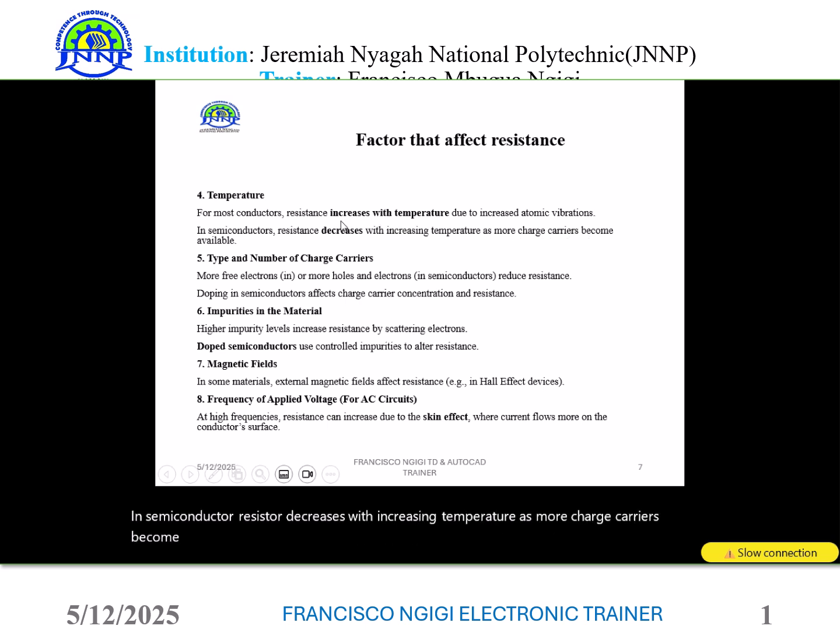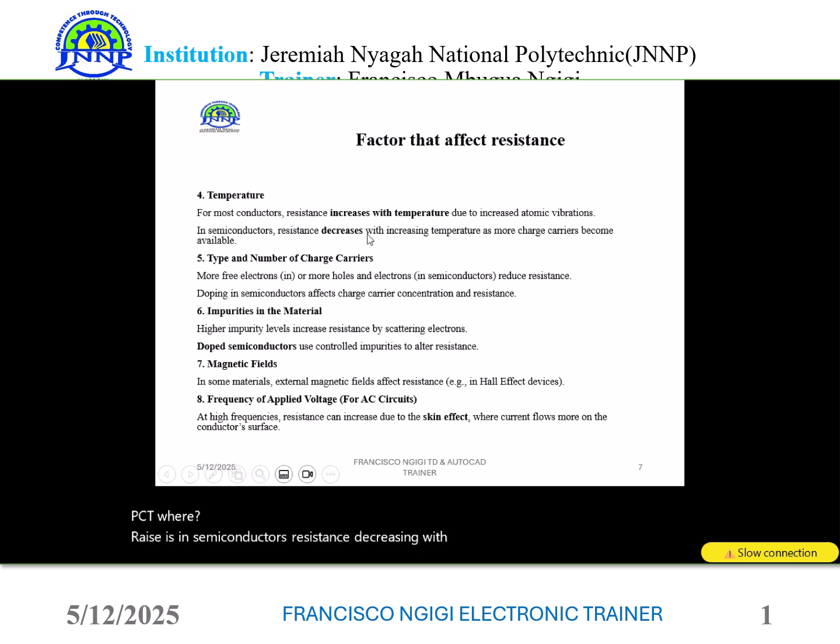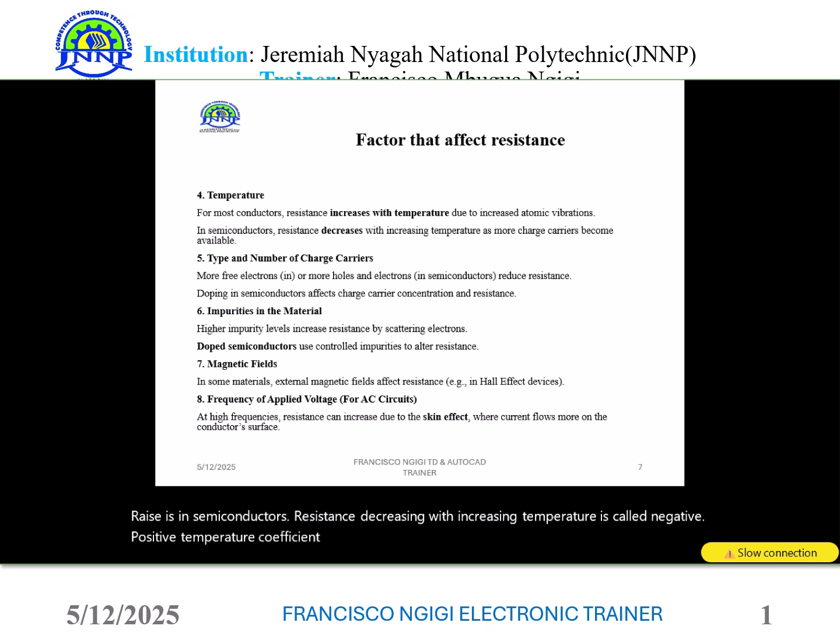Now, an increase with temperature due to increased atomic vibration is what we call positive temperature coefficient, PTC, while in semiconductors, resistance decreasing with increasing temperature is called negative temperature coefficient.